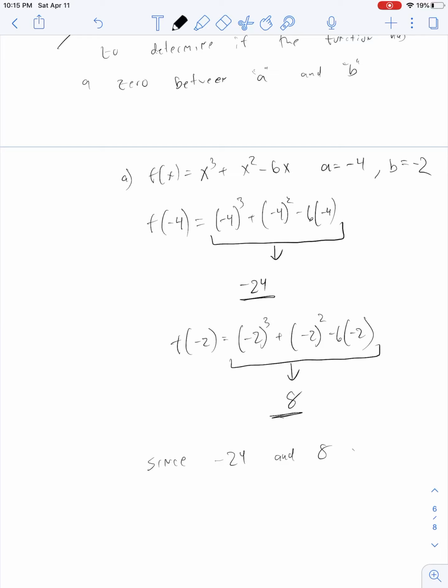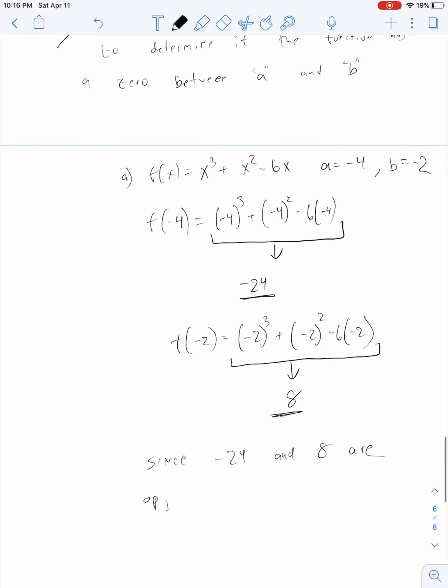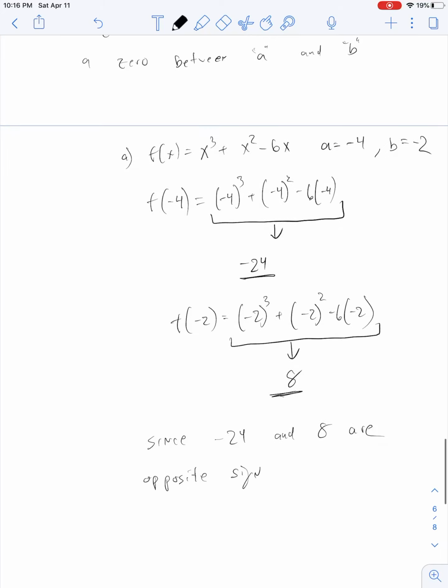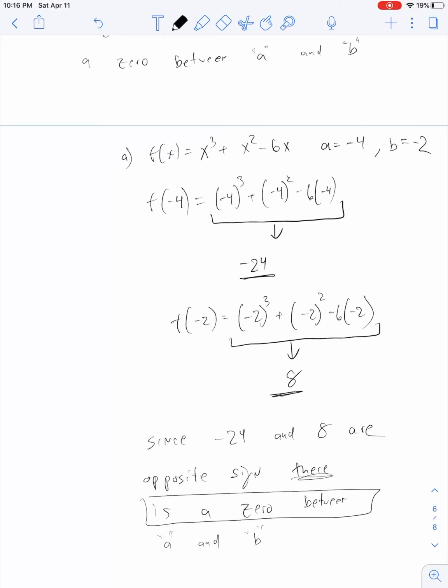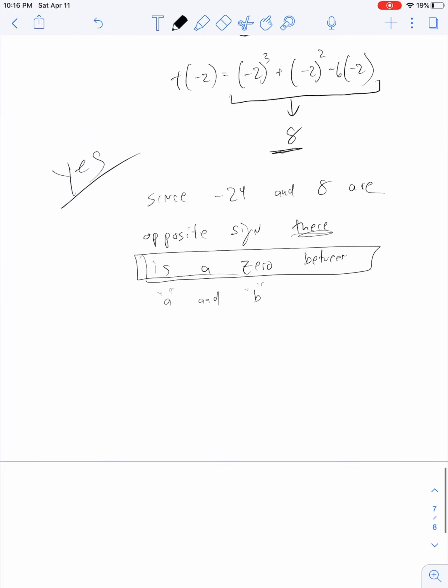Since negative 24 and 8 are opposite signs, right? One's a negative and one's a positive. There is a 0 between A and B, right? So there is a 0, right? So this would be yes.